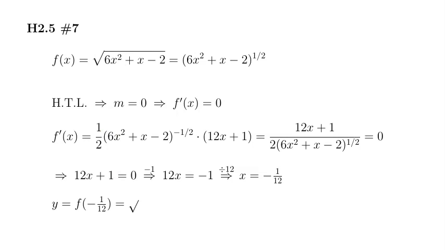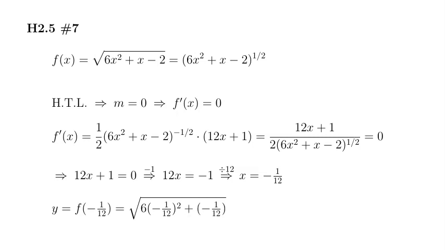So it's going to be 6 times negative 1 over 12 squared, and then plus negative 1 over 12, and then you just have to subtract 2. And I'm starting to see a problem here.